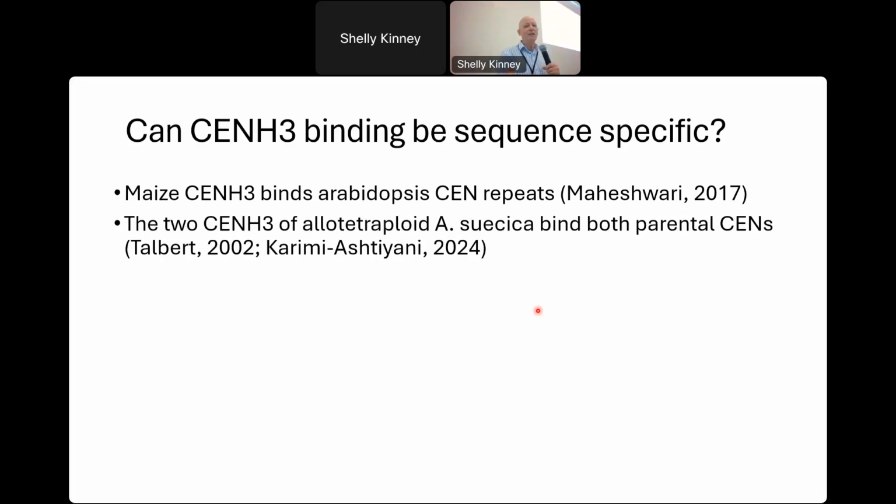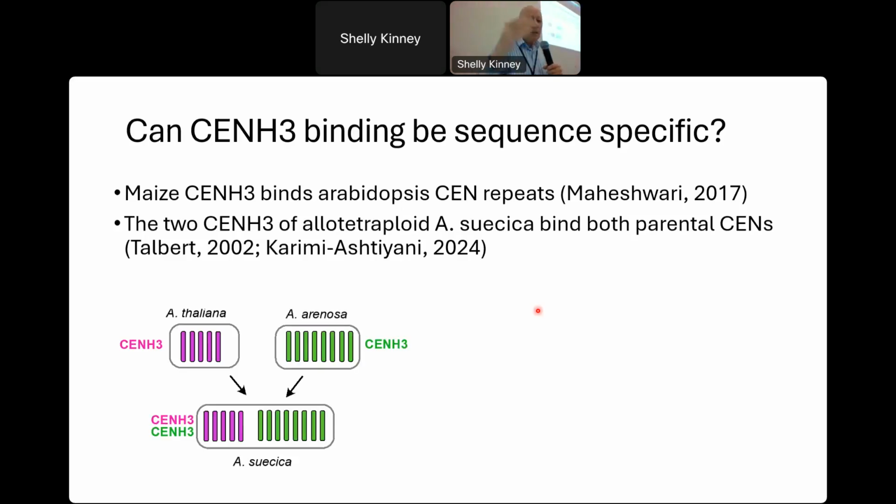The other observation, which is also compelling, is that if you take an allotetraploid and document where the respective genome SNH3 is going, you find that there's no selection. For example, in Arabidopsis, there's an allotetraploid made by an ancestral mating with Arenosa.